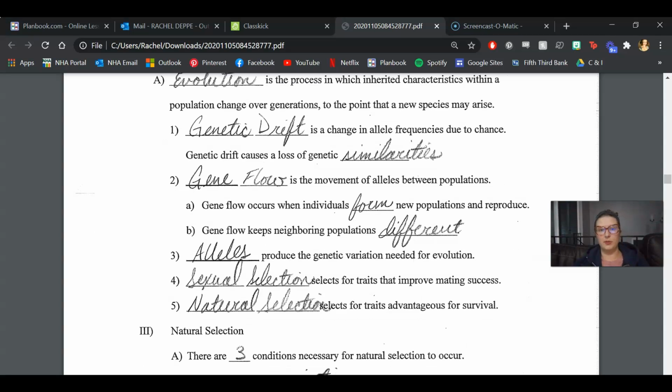Gene flow is the movement of alleles between populations. Gene flow occurs when individuals form new populations and reproduce, and gene flow keeps neighboring populations different. Alleles produce the genetic variation needed for evolution. Sexual selection selects for traits that improve mating success, and natural selection selects for traits advantageous for survival.